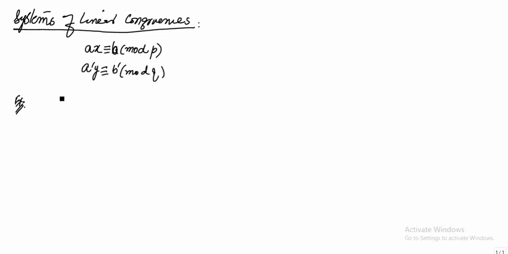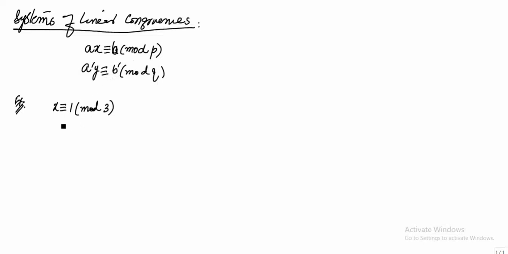easy, simple example. So we have three congruences here. x is congruent to 1 modulo 3. Okay, and please remember that p and q are primes, and a prime, b, and b prime are integers here.